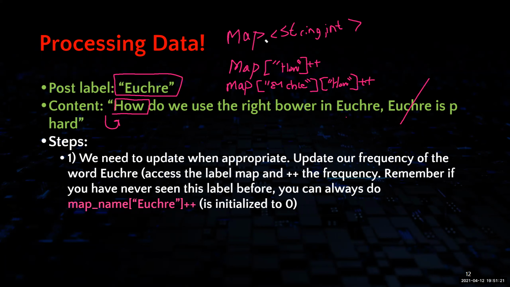I guess I can draw on all three of these, so it makes more sense when I'm updating at each step. I'm updating my label map to show that this post is euchre. I'm also showing that the word how exists in this post by incrementing it by 1. And then I'm saying the word how and euchre are associated, because how is a word under the post label euchre. I update that by saying map of euchre of how plus plus.